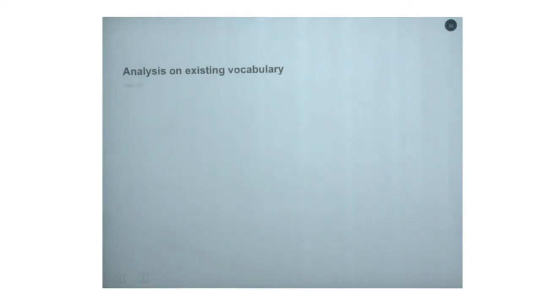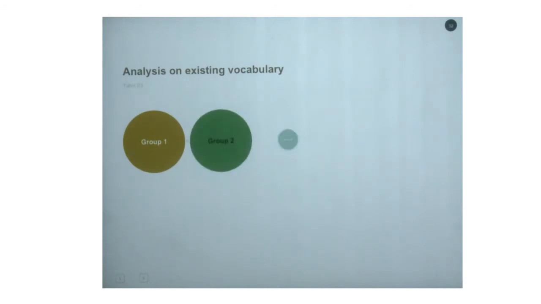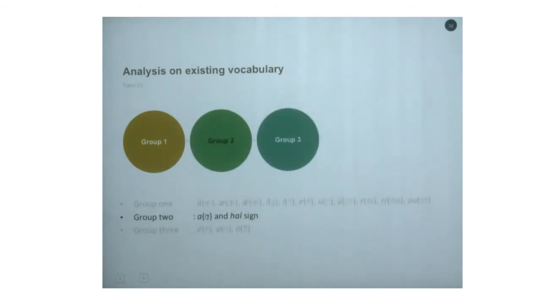Right, and then it's also interesting to note this is the second category, the A and the hull sign. Why I took it out of this is what I discovered: the A and the hull sign is there simply because we have the A sign already inherited in our consonants.